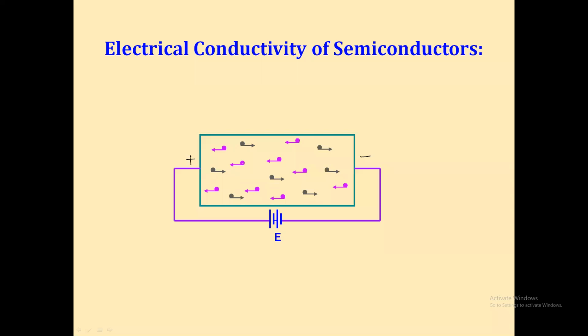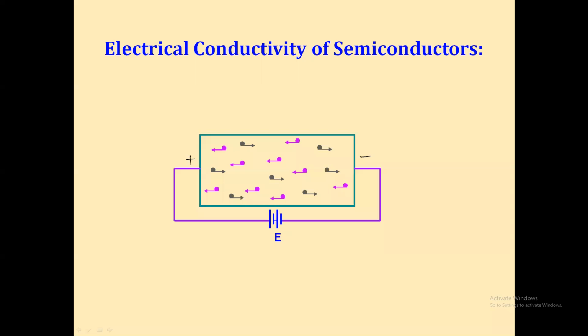So these are the directions. The pink color indicates the direction of flow of electrons, and the black color indicates the direction of flow of holes. As you know, opposite to the direction in which the electrons are moving, we consider that to be the conventional direction of current.